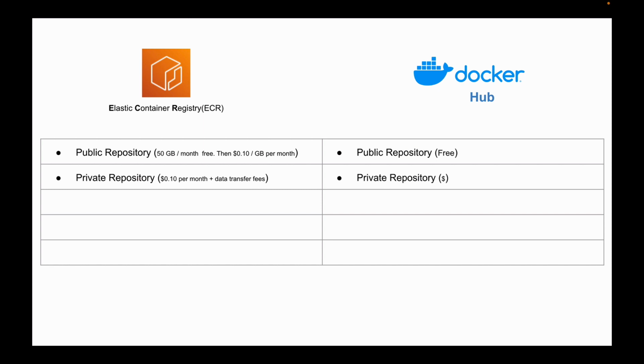Now, Elastic Container Registry is a service by Amazon, and this means that it is very well integrated with other Amazon services. For example, Elastic Container Registry uses AWS Identity and Access Management to control and monitor who and what, EC2 instances for example, can access your container images.